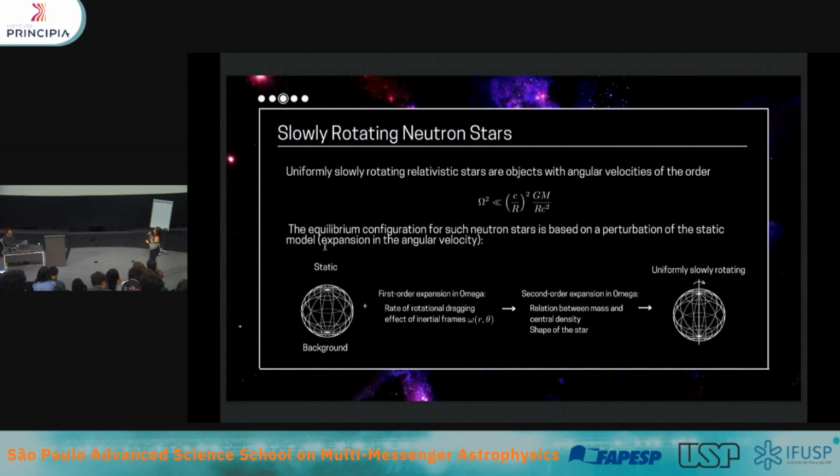What we do is basically feed these equations with background information, which is a static neutron star. We feed these equations, and then we get the uniformly slowly rotating star. Of course, this is done numerically. So, well, that's it. Please.